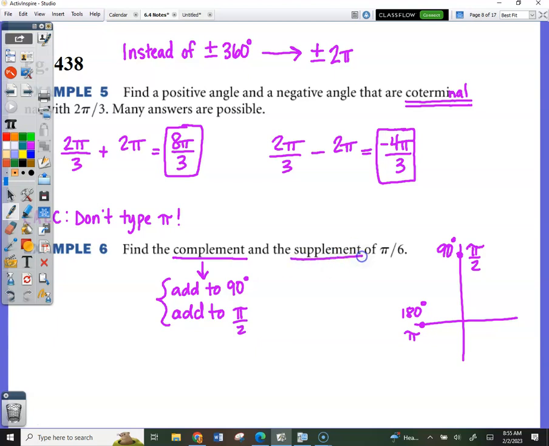For the supplement in degrees, it meant they have to add to 180. But in radians, it means they have to add to pi. So they're telling us that we're working with pi over 6, that's our fraction, and we're going to find the complement and the supplement.